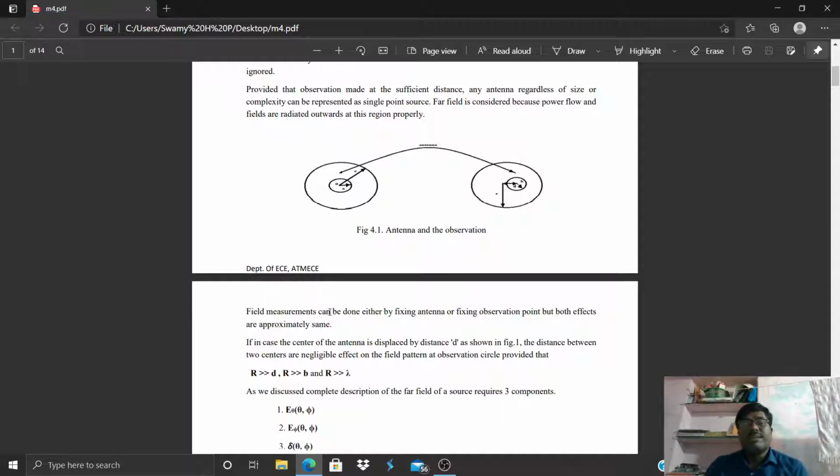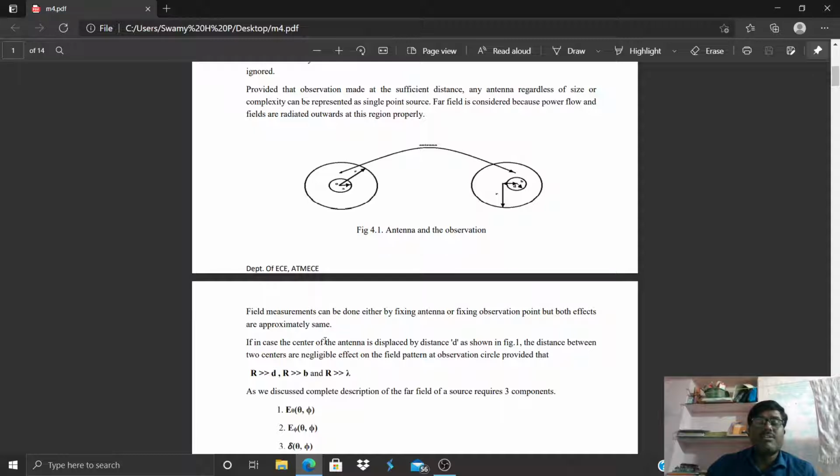These field measurements, that is, near field and far field measurements, can be done either by fixing the antenna or fixing the observation point, but both effects are approximately the same.